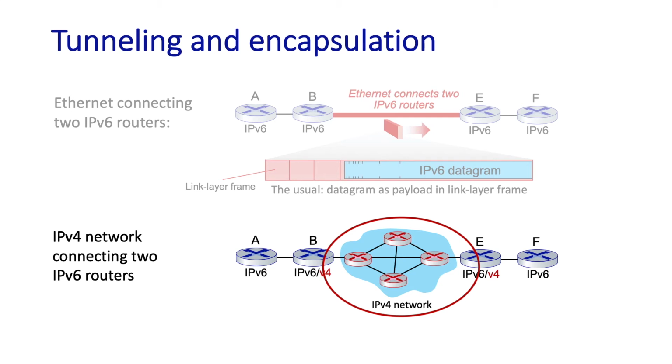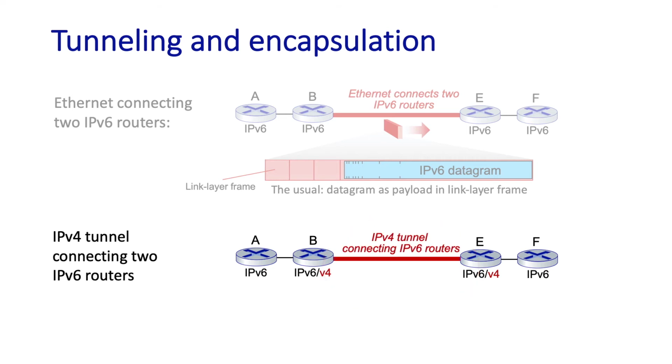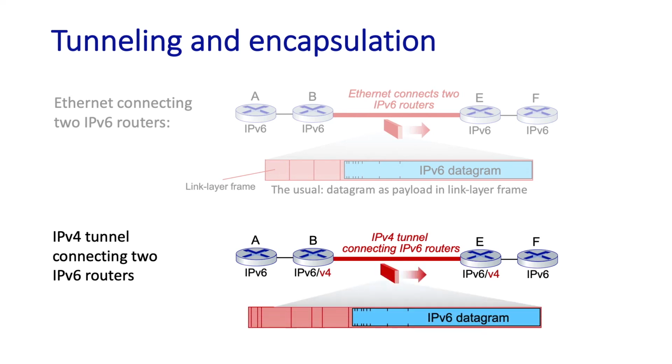Well, the answer, of course, is by using the IPv4 network that connects them. In this case, instead of sending their IPv6 datagram to each other in an Ethernet frame, they simply put their IPv6 datagram into an IPv4 datagram and address and send that IPv4 datagram to the other. This is the process that's known as tunneling.